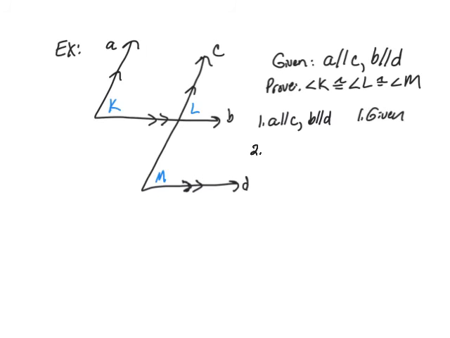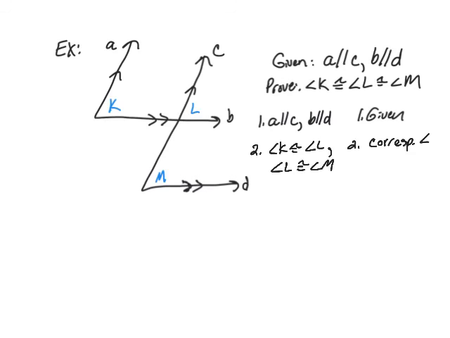You can say that angle K is congruent to angle L, and angle L is congruent to angle M. And that's because corresponding angles are congruent.